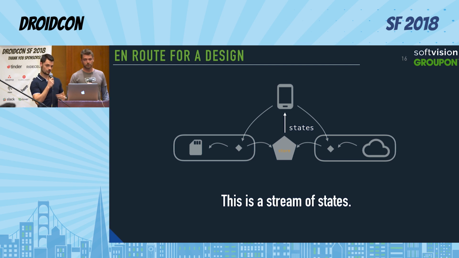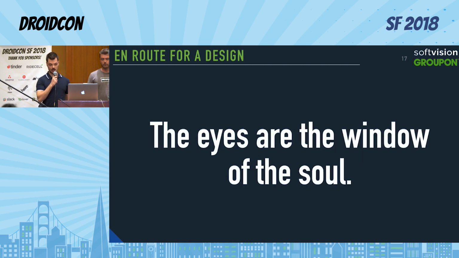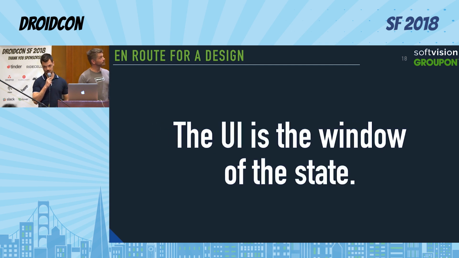As operations change the state inside the store, your UI will be notified of the new state and it will use it to display it. So these are the stream of states and the UI will react to them. You all know the saying, the eyes are the window of the soul. Well, in our design, we like to say that the UI is the window of the state. So the sole responsibility of the UI should be to take the state and display it. I'll let Stéphane continue with the next components.